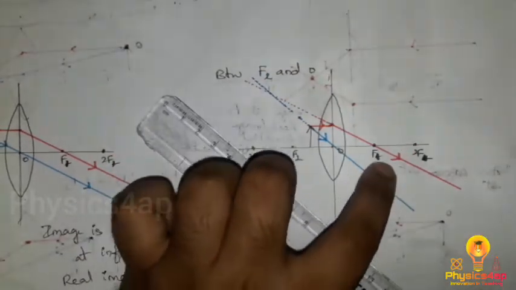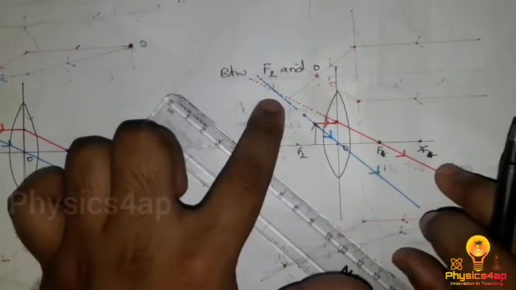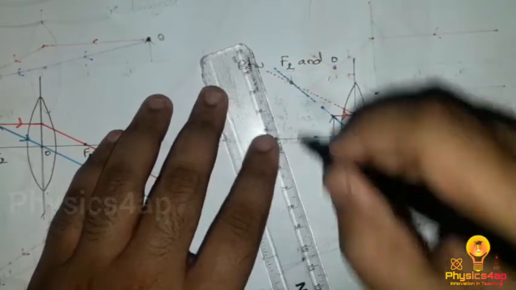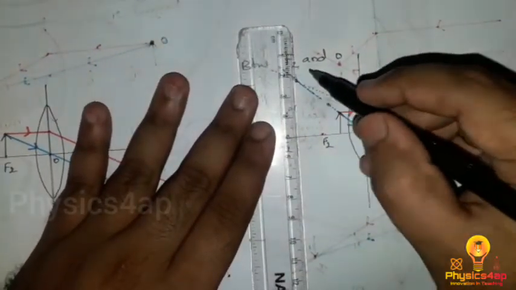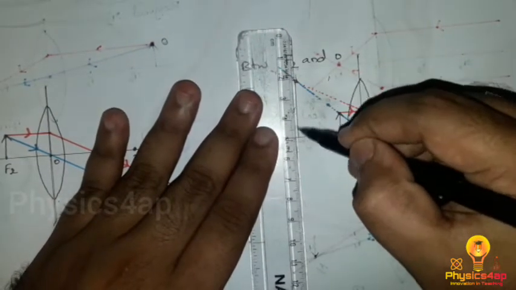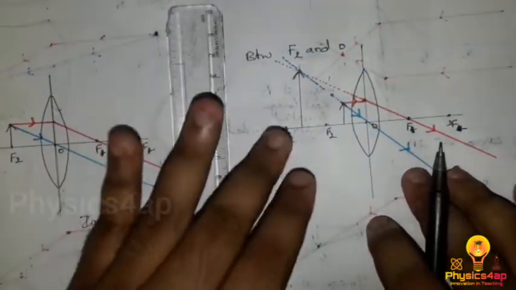Now, these two rays cannot intersect at all, but their extended rays can intersect. So here we have the extended intersection of the two refracted rays, and here we have the image, as the head up. The image which we get here is a virtual image.